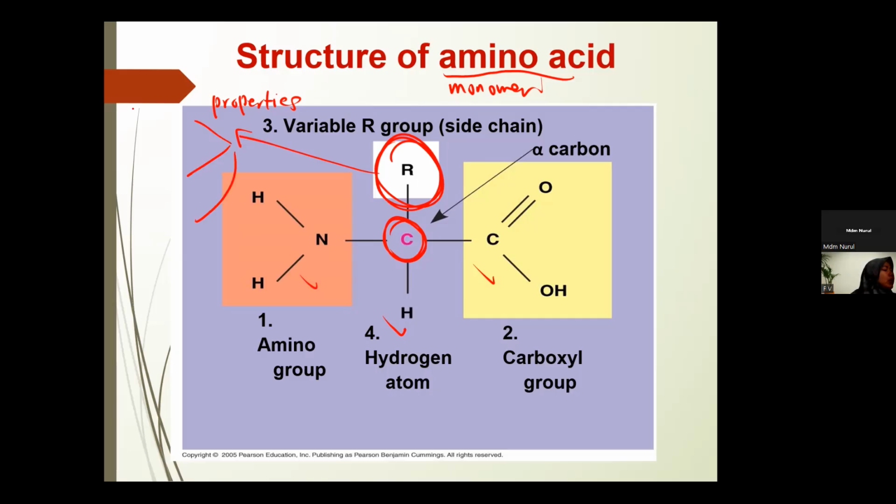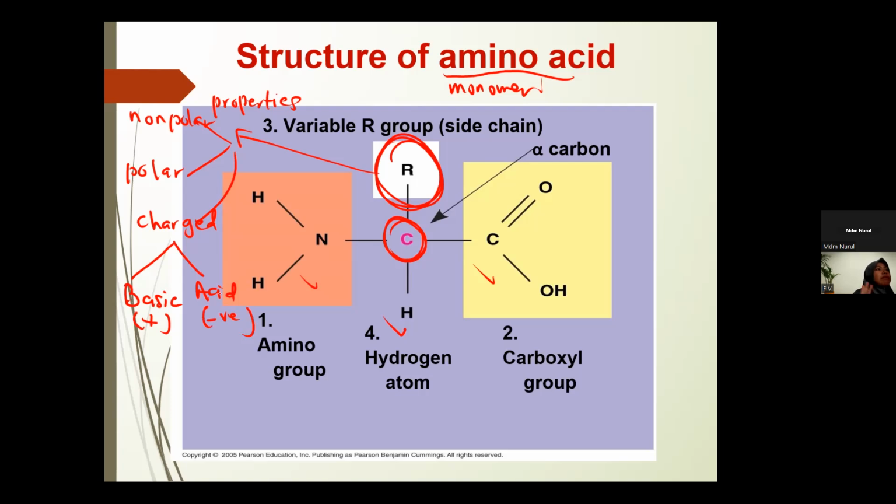Okay, 3 groups. Number 1, non-polar amino acid. Number 2, polar amino acid. Number 3 is charged amino acid. Amino acid yang berkutub, bercas. Under charged amino acid, it is subdivided into 2, basic that is positively charged and acidic that is negatively charged.